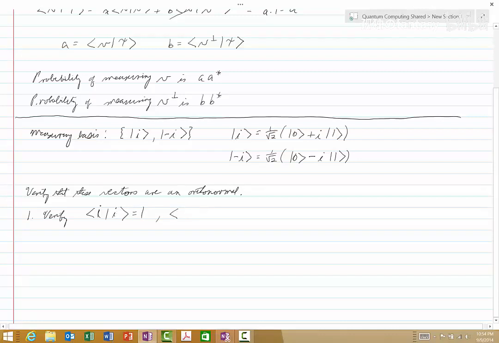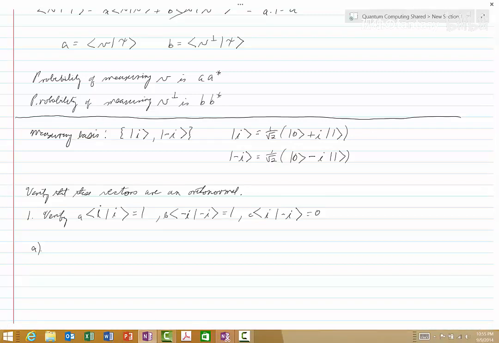The inner product of minus I with minus I is equal to 1. And that the inner product of I with minus I is equal to 0. These are the 3 things that we want to verify. I'll call that maybe A, B, and C. And let's start with I.